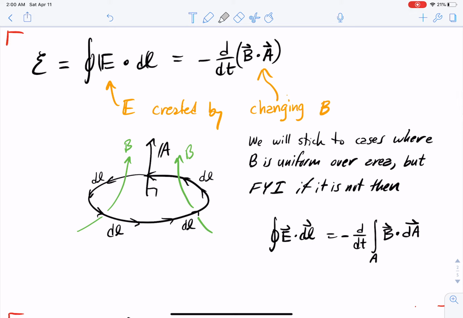Okay, so this is the law of this chapter, actually. This is what we just saw. We have this field here, the magnetic field, times the area of the loop, and the rate of change of that product.